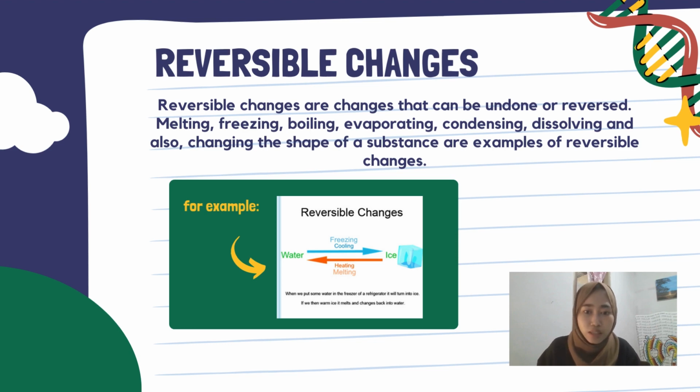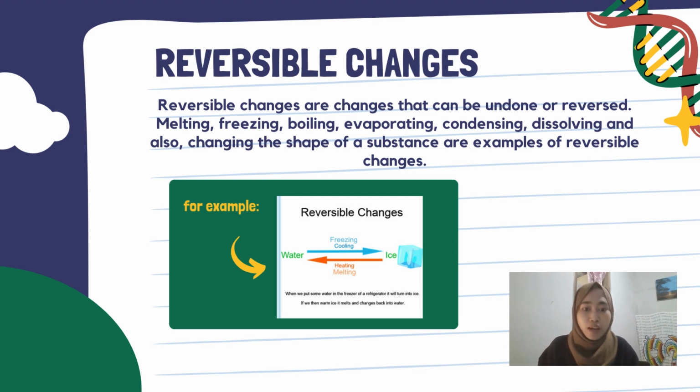Okay, for example, where do we store water so that it turns into ice? Yes, in the freezer compartment of the refrigerator. Within 1 day, the water in the freezer will definitely freeze and turn into ice. If we take the ice out of the freezer, put it in a glass and wait a while, it will turn back into water.